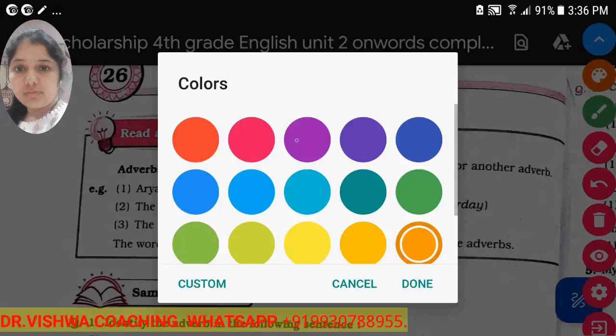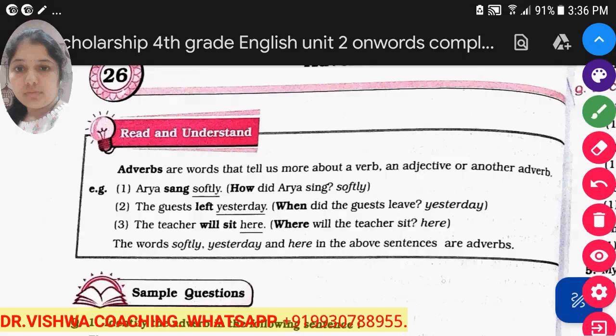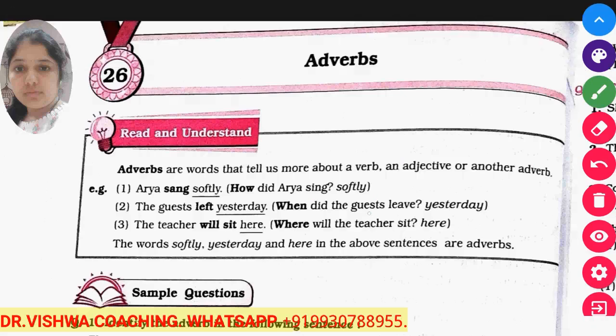is adverb. Now we had seen the adjectives. Adjectives are the words that describe more about the noun or the pronoun. Here adverbs are the words that tell us more about the verb, or an adjective or another adverb.